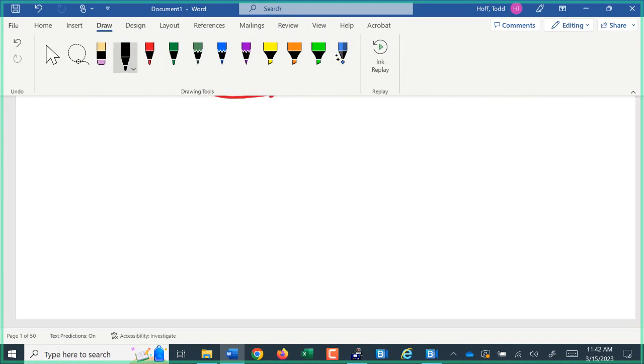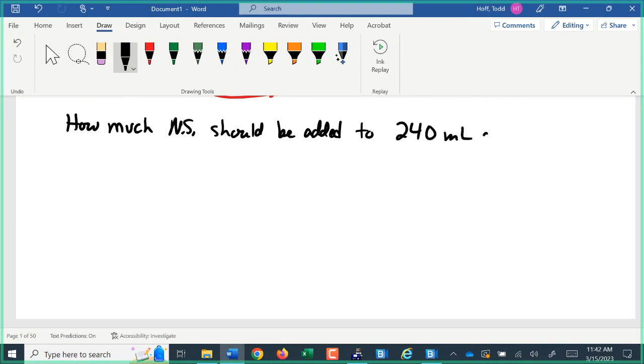We saw other problems like, how much sterile water should be added to 240 milliliters of, let's say, 18% solution to create 15% solution.